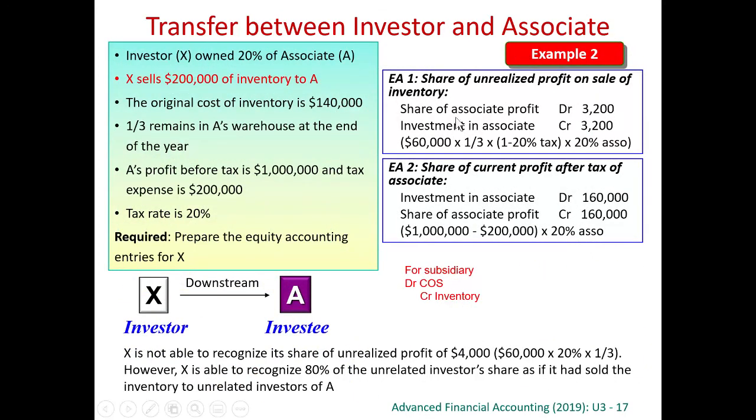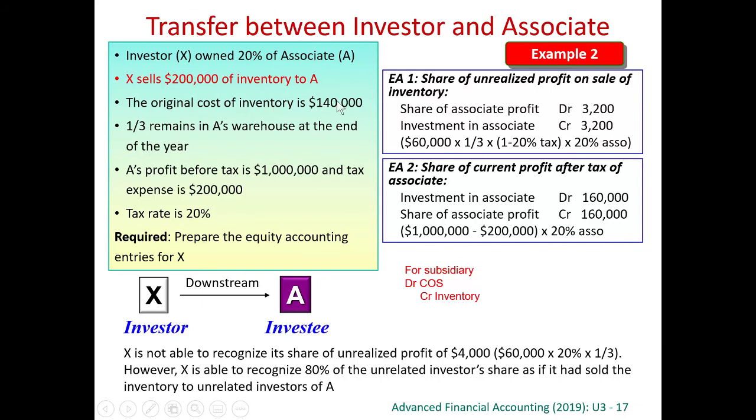Take one more example. In this case, the investor owns 20%, so 20% significant influence means this is an associate. S, being the investor, sells 200,000 of inventory to A. The original cost was 140,000. So potentially there can be an overstatement of inventory amounting to 60,000.